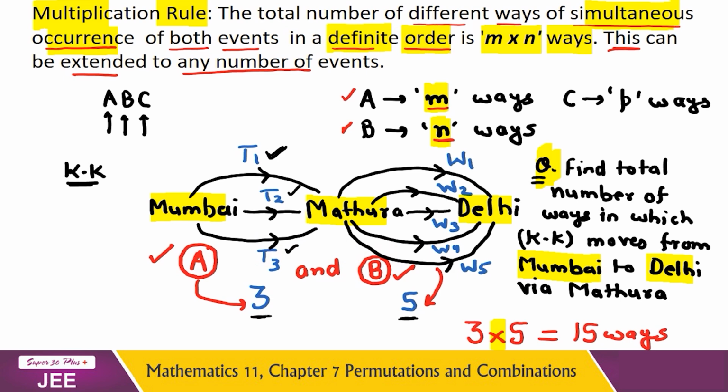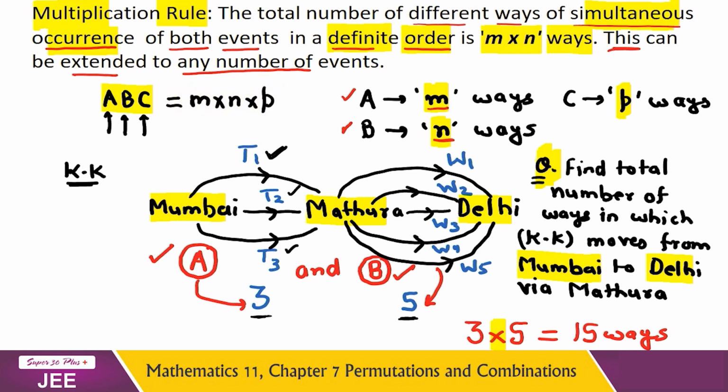So what I was saying over here, that we have introduced another event C that can happen in p different ways. So the total number of different ways of simultaneous occurrence of A, B and C would be equal to simply m multiplied by n multiplied by p.